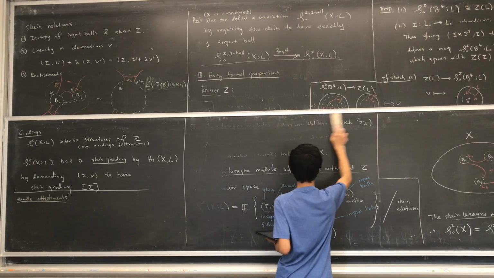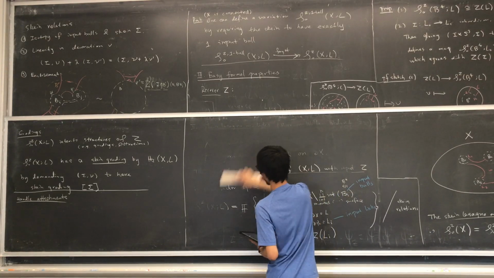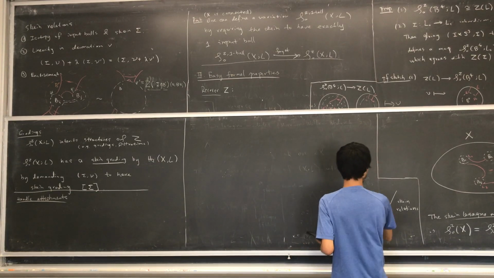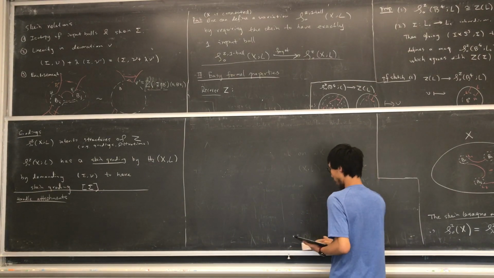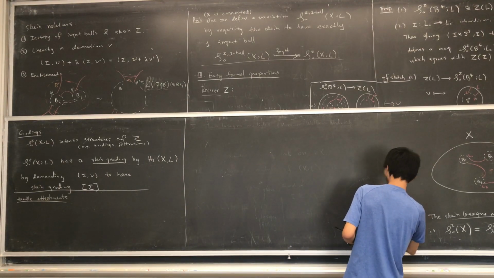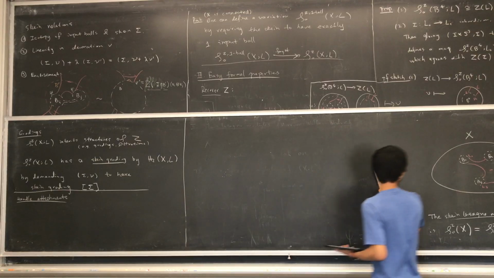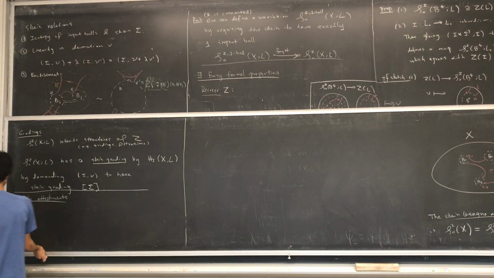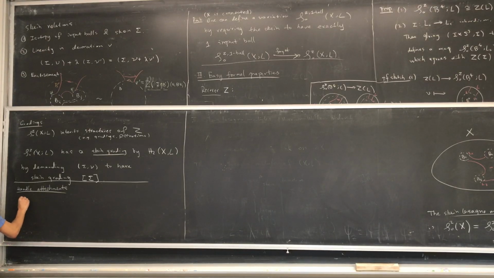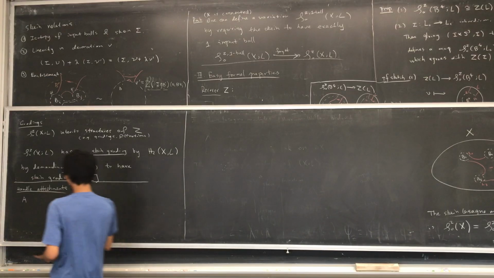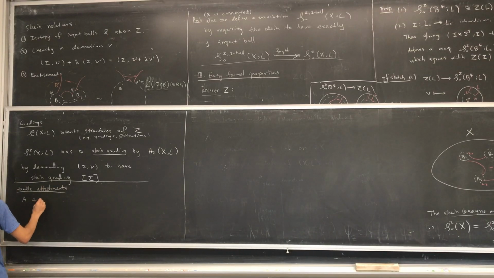Well, at least one way of doing this is by presenting my four-manifold by some handle attachments. Just a piece of topological terminology. I will just focus on dimension four, but we can do this in any dimension.